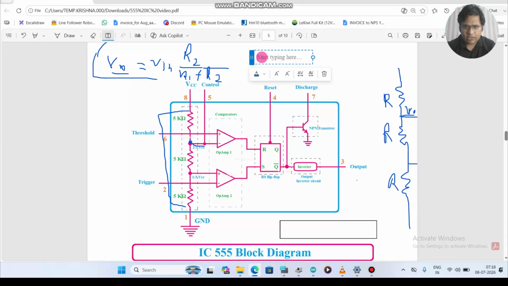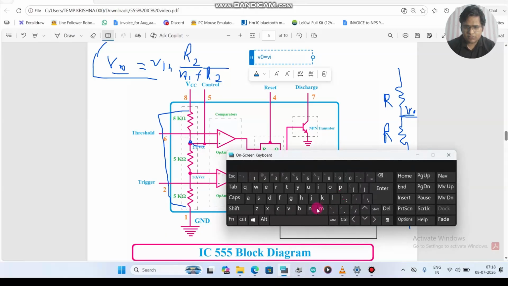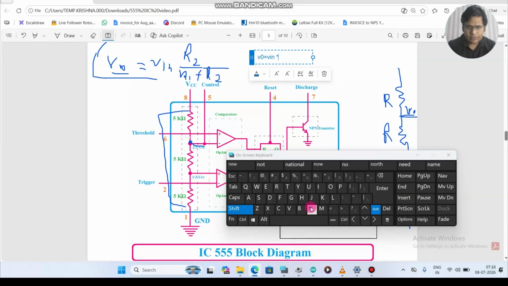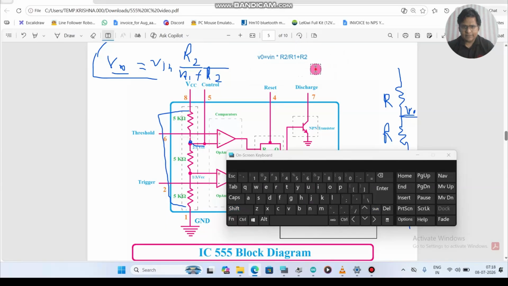So V out equals V in into R2 divided by R1 plus R2. This is the formula. Okay, now in my case all the values are the same, right?